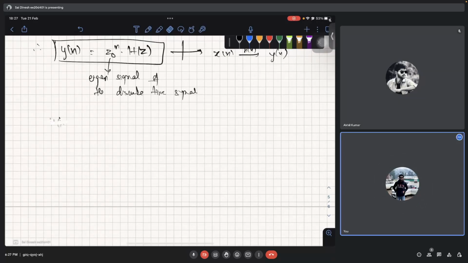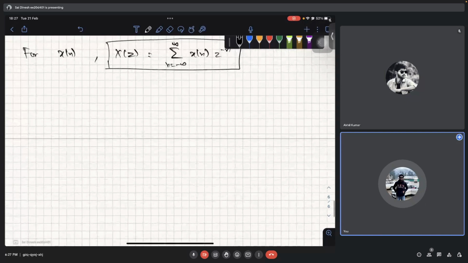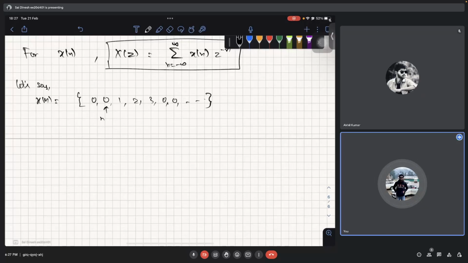So finally, what have we discussed? For any signal x of n, X of z is equal to the sum from n equal to minus infinity to infinity of x of n z power minus n. So let's say we have x of n to be 0 0 1 2 3 and then 0 0 0, and this is for n equal to 0.